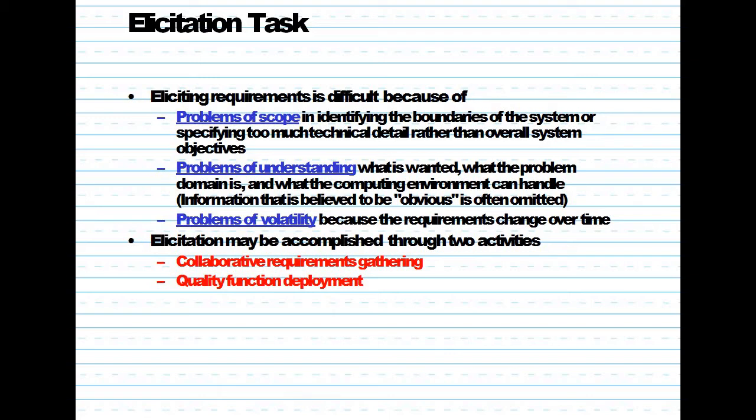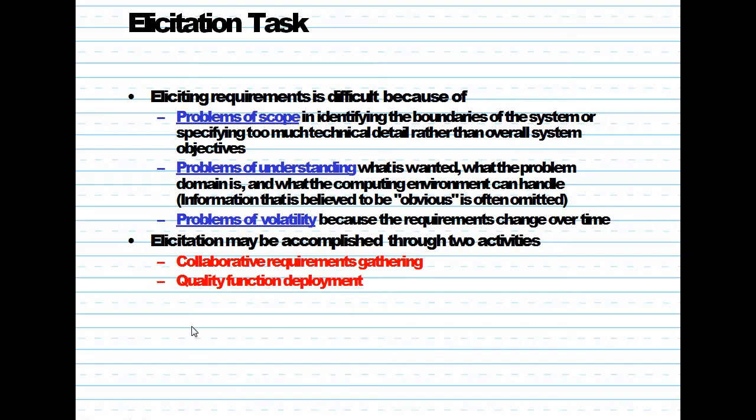Second is the problem of understanding what is wanted, what the problem domain is, and what the computing environment can handle. Then there is the problem of volatility, because requirements change over time. So we can say elicitation is a little bit difficult.